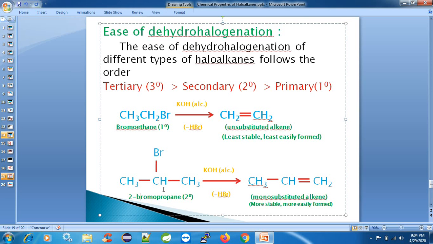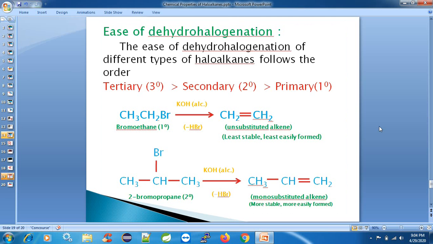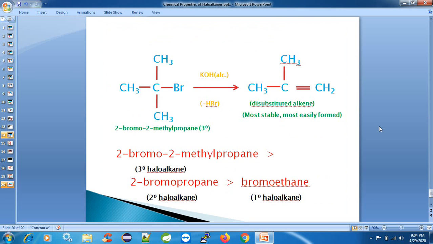Okay, so this is about secondary alkyl halide or secondary haloalkane. If we think about tertiary haloalkane, that is 2-bromo-2-methylpropane, that is a tertiary alkyl halide.